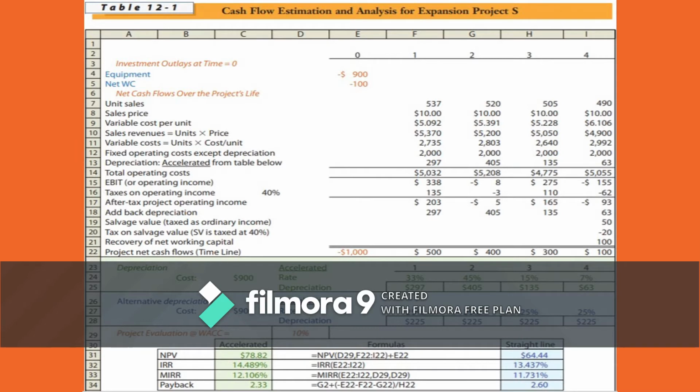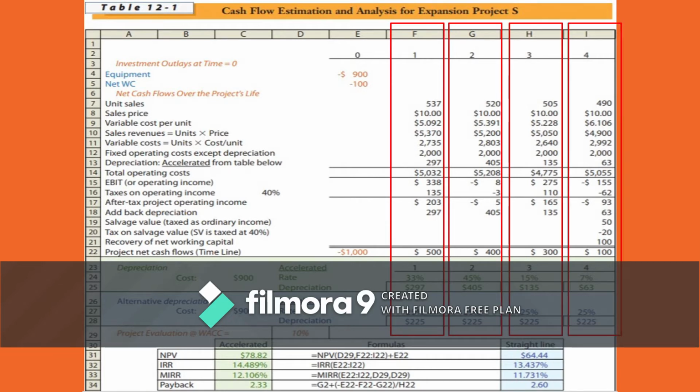The depreciable basis is the cost of the equipment including any shipping or installation cost, or $900 as shown in cells E4, C24, and C27. The total depreciation over the 4 years equals the cost of the equipment. We calculate the annual cash flows for the project over the 4 years in columns F, G, H, and I, ending with the net cash flows shown on row 22.